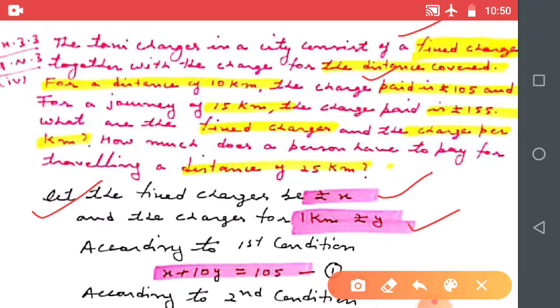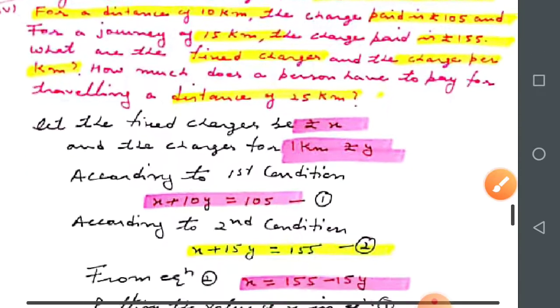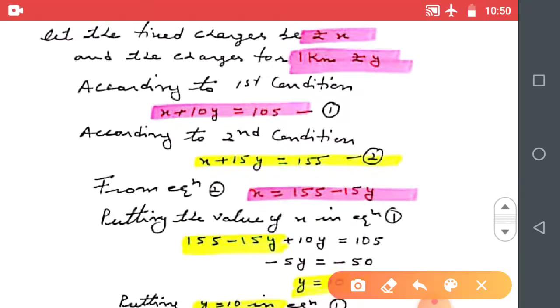Right? Now according to the first condition, the distance covered is 10 kilometers. So the total amount paid is x, that is the fixed charge, plus the charge for 10 kilometers, and the amount was 105 rupees. So x plus 10y is equal to 105.